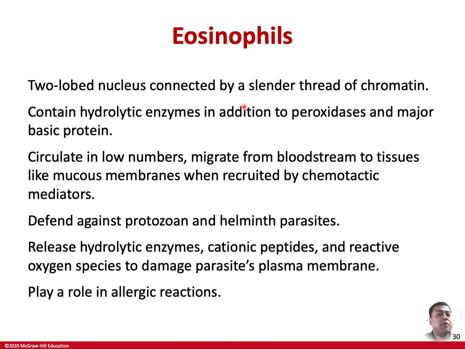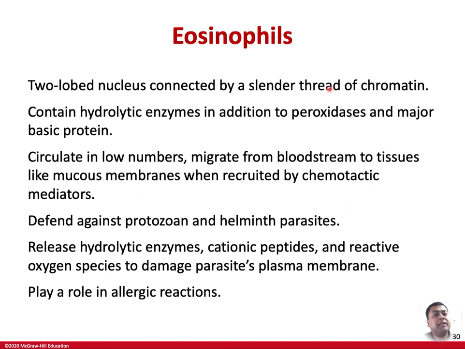Eosinophil has a 2-lobed nucleus connected by a slender thread of chromatin. We just talked about that. And they contain hydrolytic enzymes in addition to peroxidase and major basic protein. So this peroxidase will produce superoxide radicals that are responsible for killing the microorganism. They circulate in low numbers and migrate from the bloodstream to the tissues, like the mucous membrane, when recruited by chemotactic mediators.